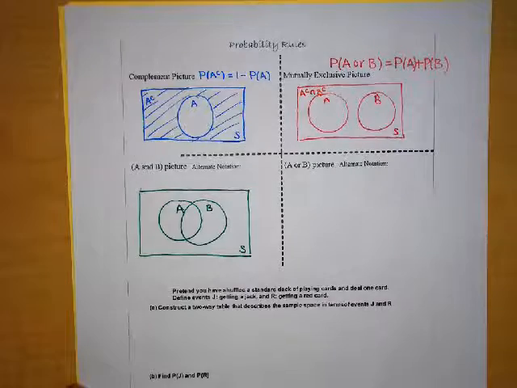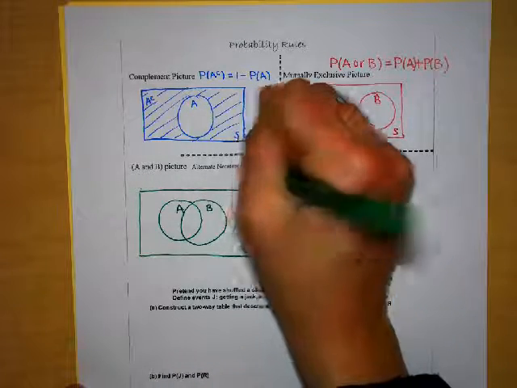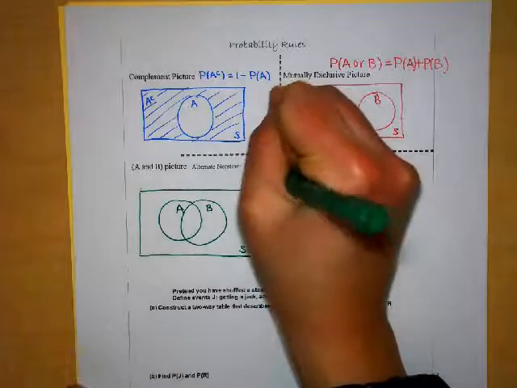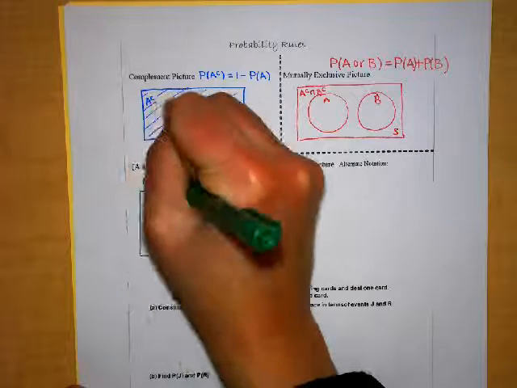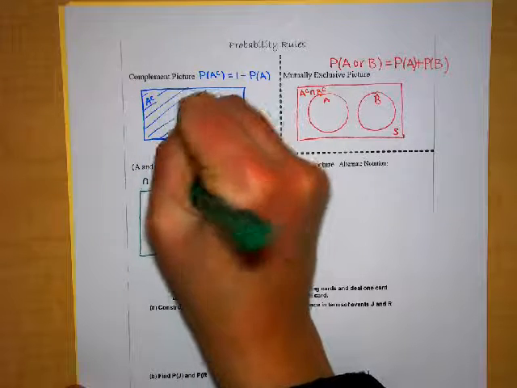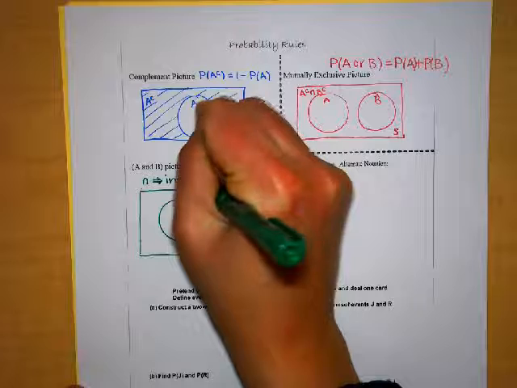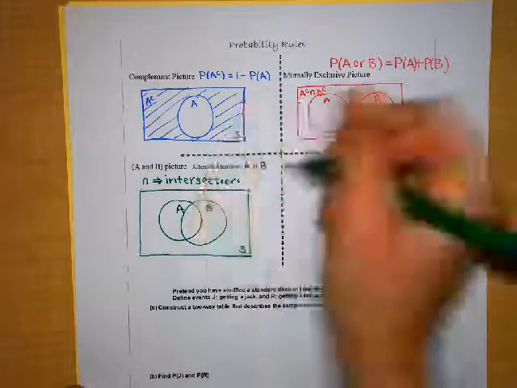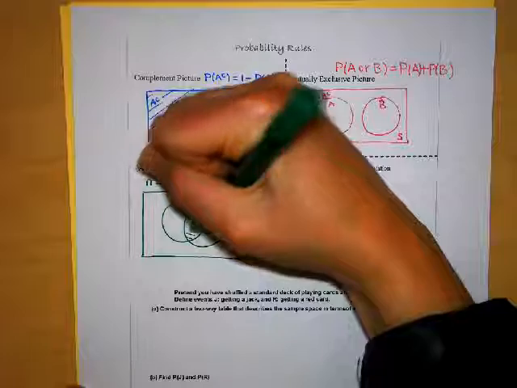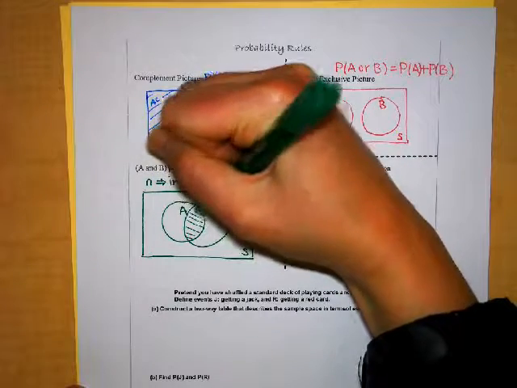And A and B, remember the alternate notation and. That symbol, I told you yesterday, means intersection. And so when we're asked to find the probability of A and B, that means we need to find this little overlap.